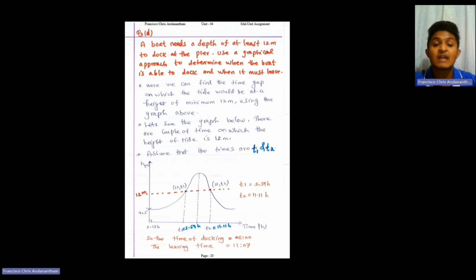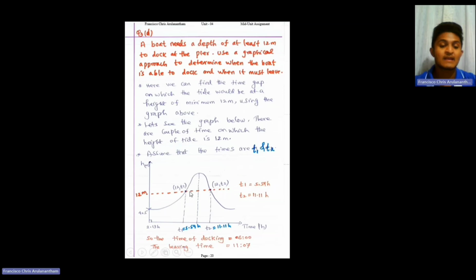There are a couple of times at which the height of the tide is 12 meters. Assume that the times are T1 and T2. By drawing a line h = 12 meters parallel to the x-axis, we get 2 points where the line cuts the curve, as shown in the figure.